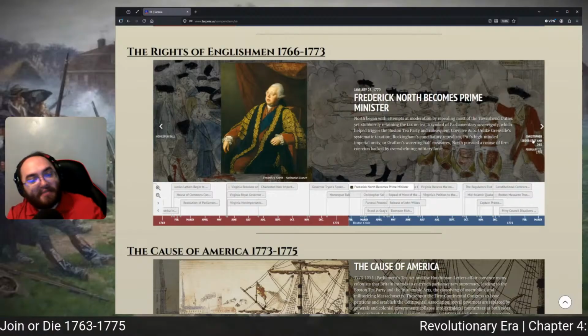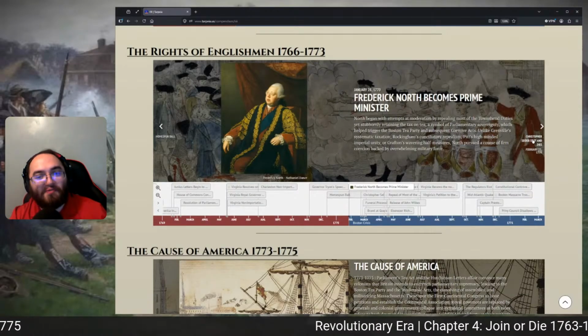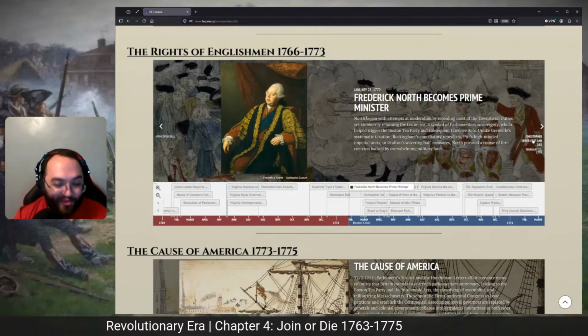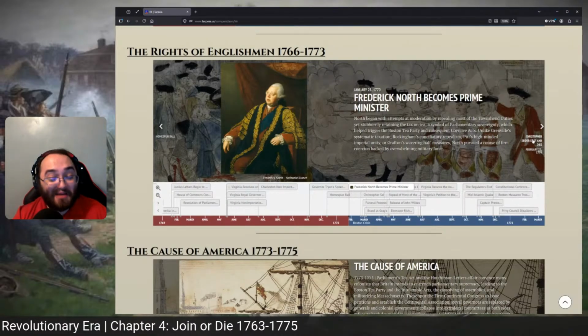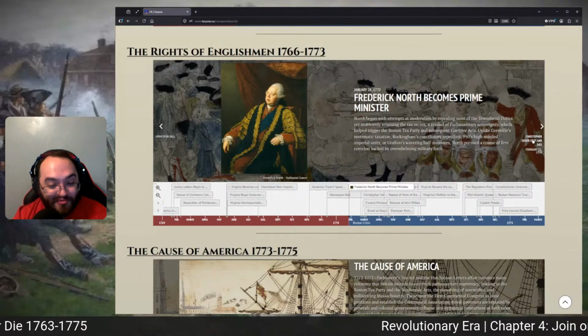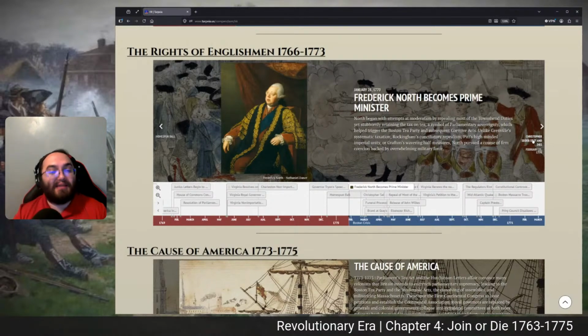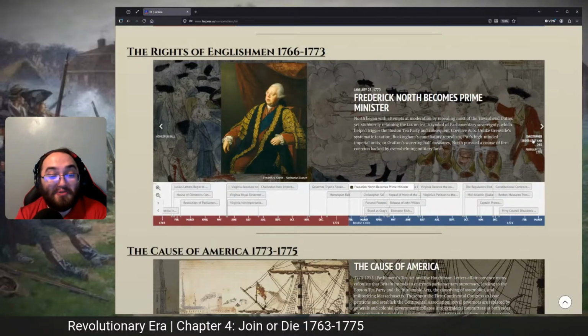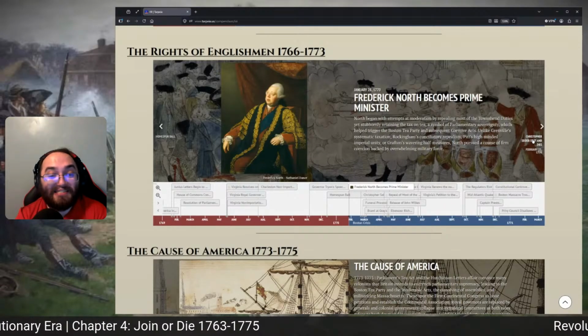And so Grafton, he is no longer prime minister at the start of 1770, and he is replaced by Lord North. Lord North will stay prime minister for the next 13 years, one of the longest reigning prime ministers in English history. 13 years as prime minister, which is insane.